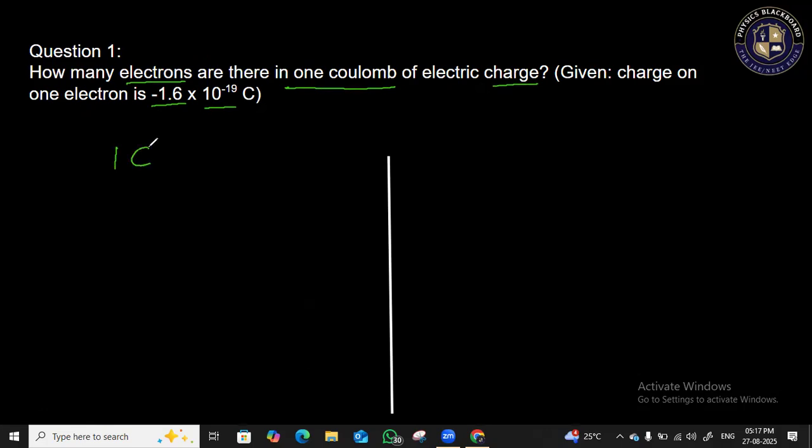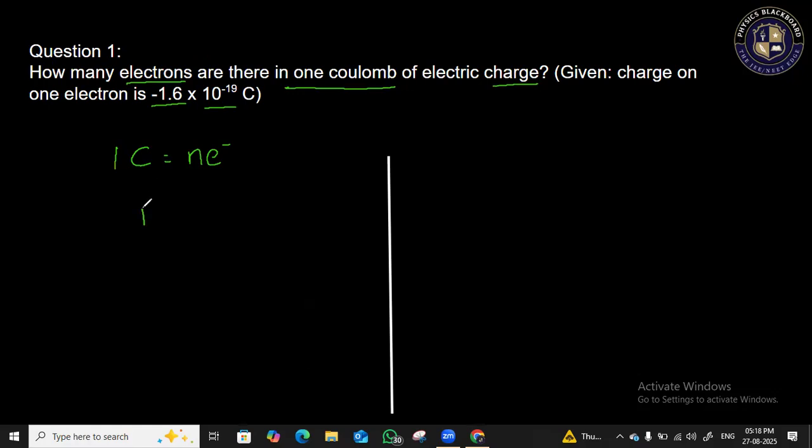If you take 1 coulomb of charge, how many electrons can it consist of? That means how many electrons together can develop 1 coulomb of charge? That is the meaning of this statement.